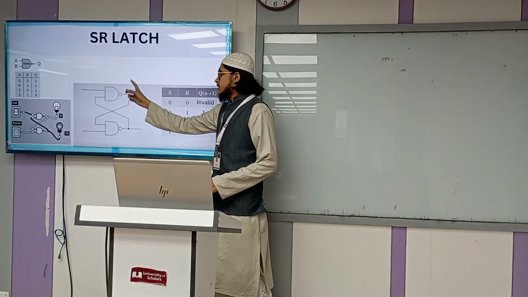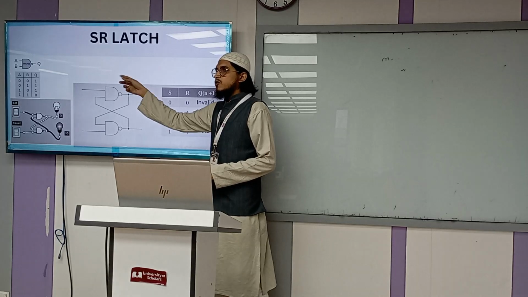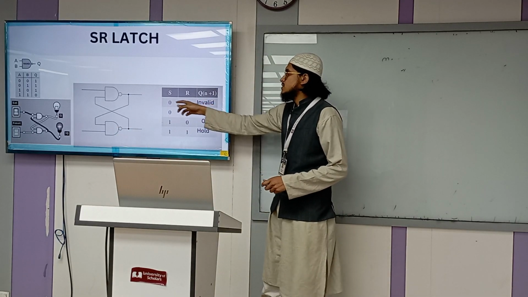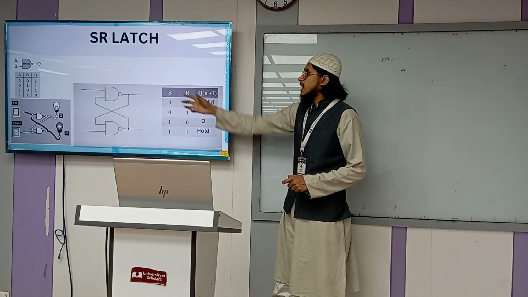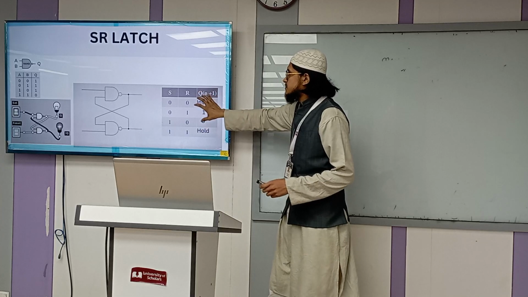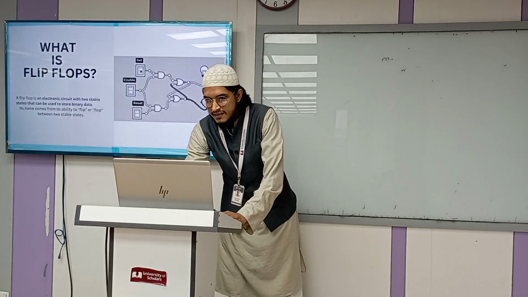If Q is 0, Q prime must be 1, or if Q is 1, Q prime must be 0. For that reason, in the 0 0 situation, the output is invalid. We are going to use this truth table in my upcoming slides.